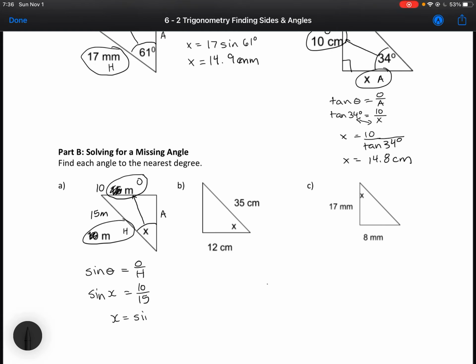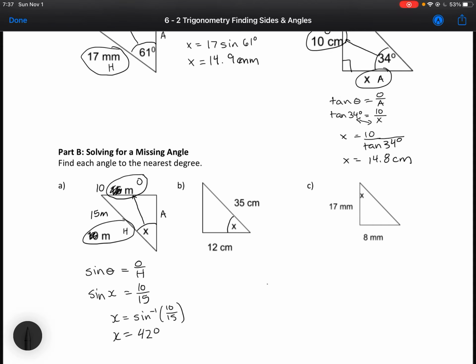In order to solve for x, I need to take the sine inverse of both sides. Sine inverse of sine just leaves you with the argument, which is x. And then on my right hand side, I've got the sine inverse of 10 divided by 15, which is 42 degrees, rounded to the nearest degree.